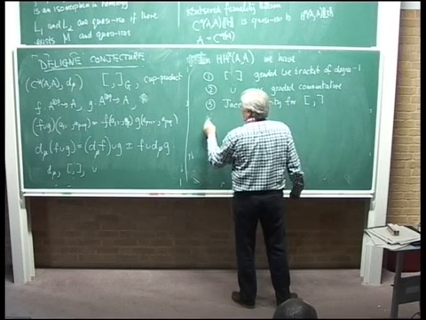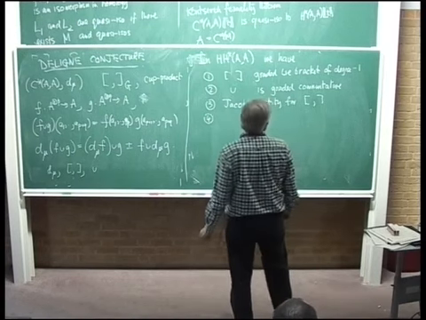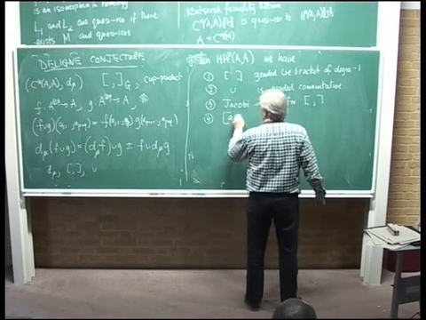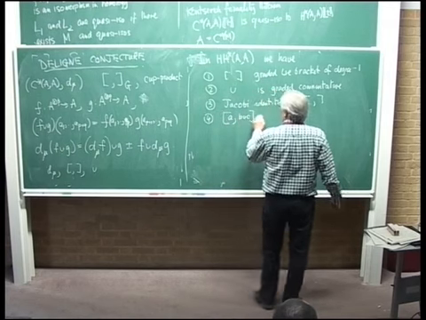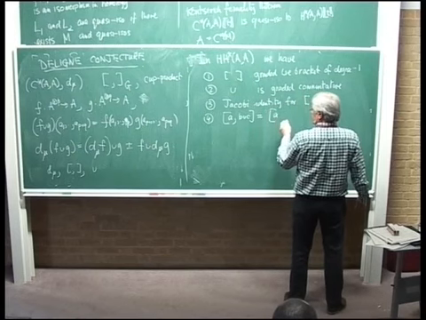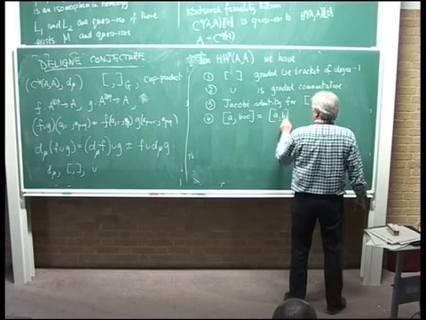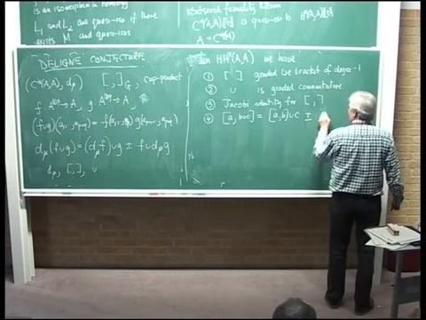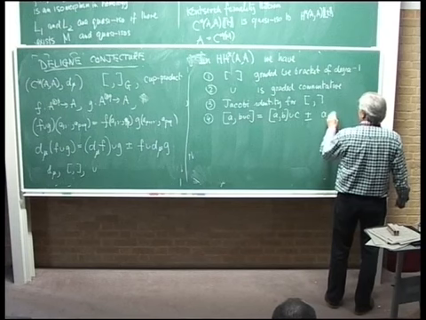And it remains, of course, to give the formula for the bracket on the product. I'll write it like this: bracket of A, B cap C, plus or minus bracket of A, C cap B.